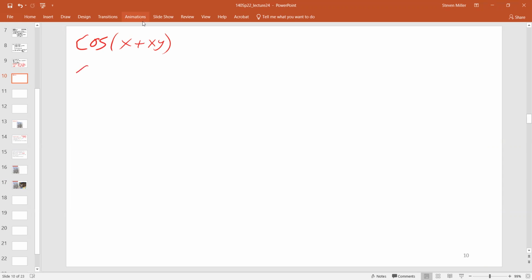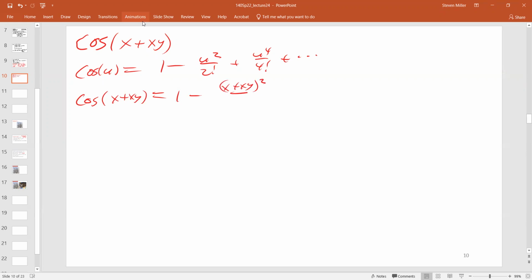Well, I know cosine of u is 1 minus u squared over 2 factorial plus u to the fourth over 4 factorial plus dot dot dot. So cosine of x plus xy is 1 minus (x plus xy) squared over 2 factorial plus (x plus xy) to the fourth over 4 factorial minus (x plus xy) to the sixth over 6 factorial plus dot dot dot.